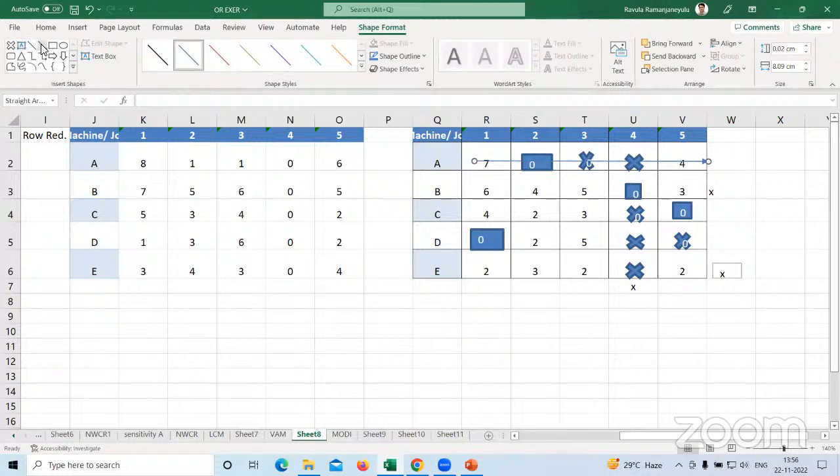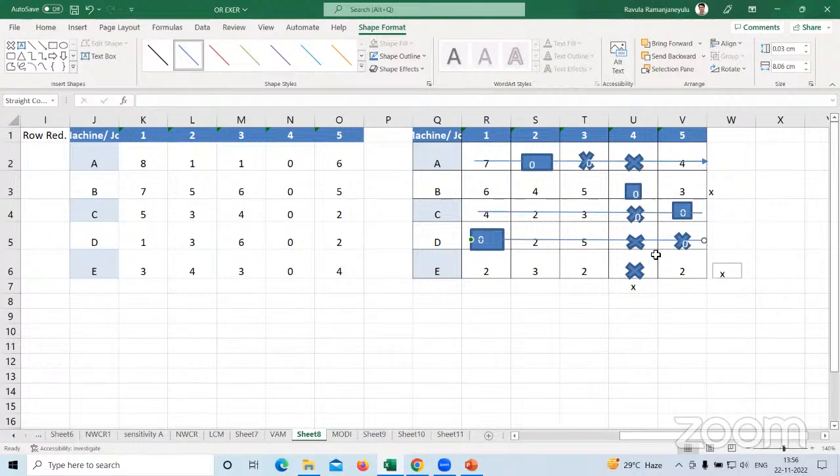First row, there is no tick mark. Second row, there is a tick mark. Third row, there is no tick mark. Fourth row, there is no tick mark. Fifth row, there is a tick mark. So row wise, there are 3 rows where we did not mark a tick mark.